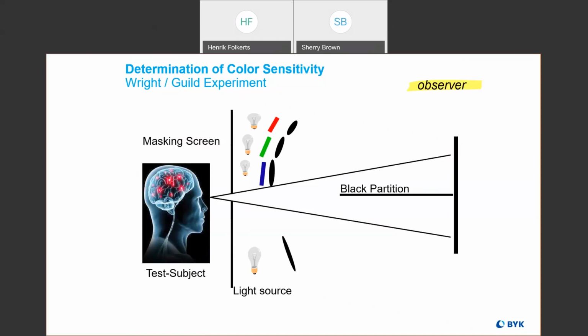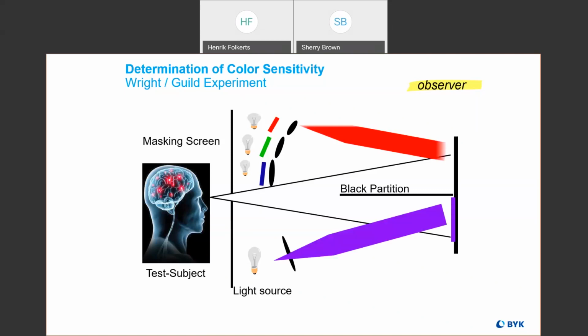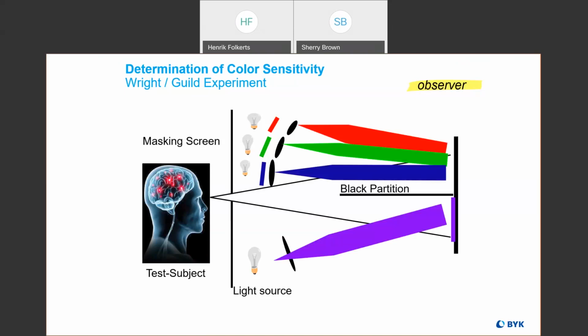The way this went was that you'd have a test subject behind a masking screen, and that test subject would be looking onto another screen on which would be projected some colored lights. There's a partition separating the two sections of the screen that the test subject is looking at. On the top part of the screen, you're getting the three primary colors that correspond to the cones in our eye. And on the bottom part of that screen will be projected a colored light source.